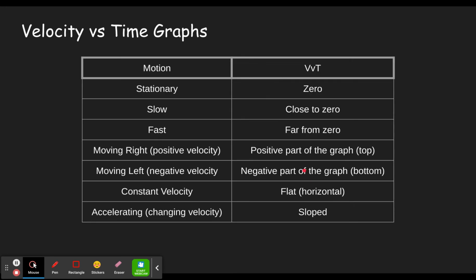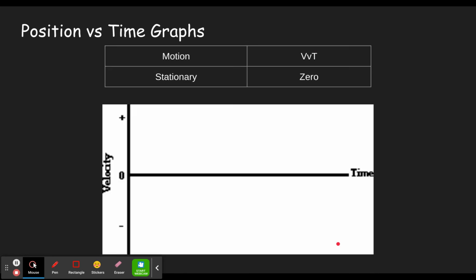Let's go ahead and take a look at the same 7 points that we've been looking at in each of the position time videos, and look at how they show up on a velocity time graph. First of all, we've got stationary versus moving.